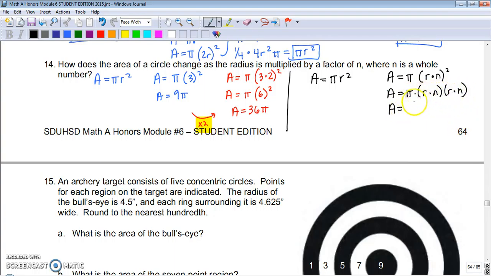And so these grouping symbols really aren't doing anything. And I can multiply in any order I'd like, so I'll multiply the r's, which is r squared. I'll multiply the n's, which is n squared. And I can see that the comparison of my areas is that the area was multiplied by the scale factor n squared.